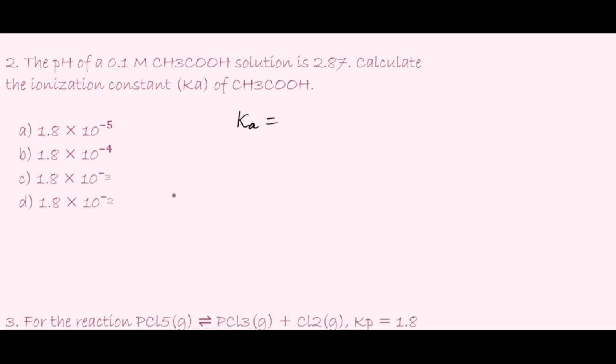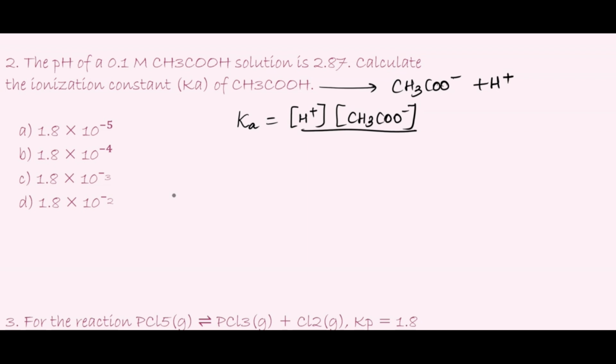For finding Ka, first of all, how will acetic acid dissociate? Into acetate ion plus H plus. So Ka is the H plus concentration times the acetate ion concentration divided by the overall concentration of acetic acid.